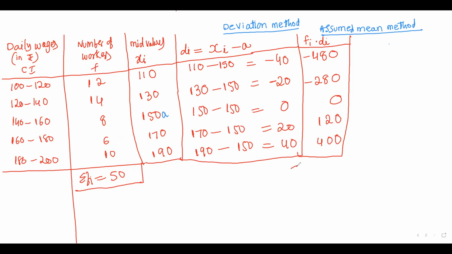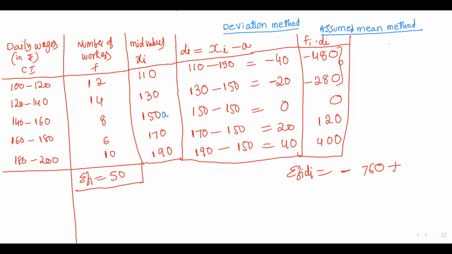Sigma means addition. So sigma fi di means adding the whole column. First of all, add the negative numbers and tell me what you are getting. 760, isn't it? Yes, sir.